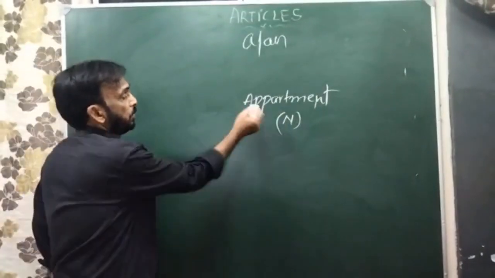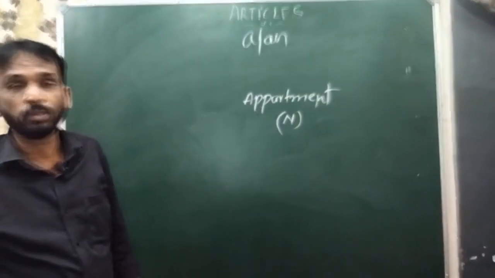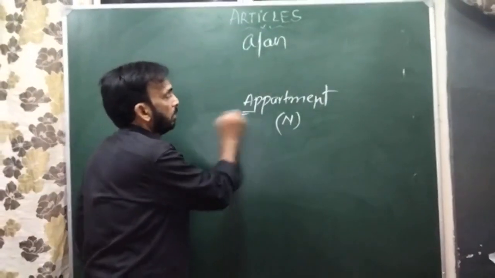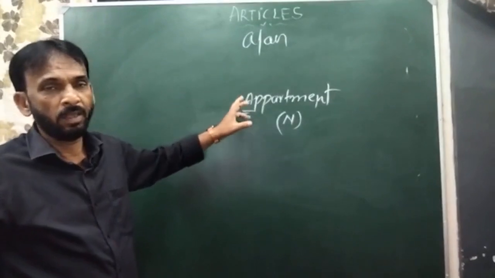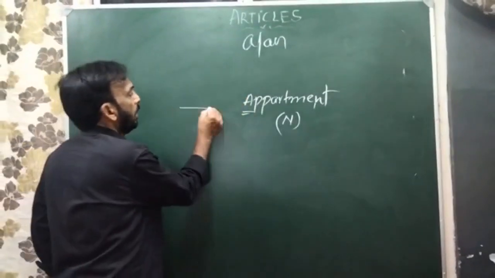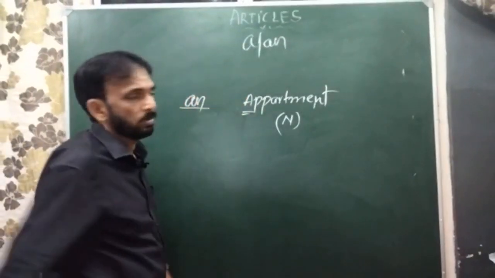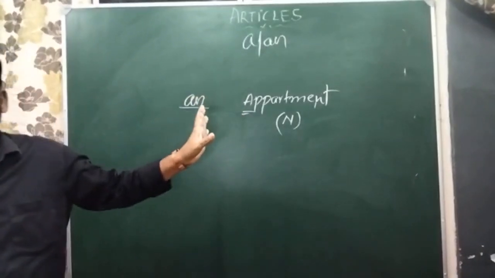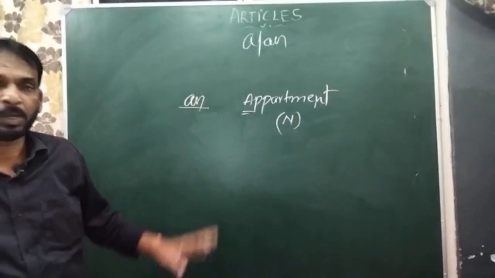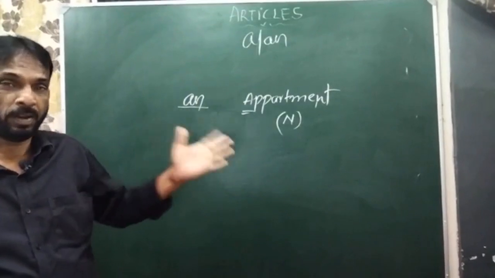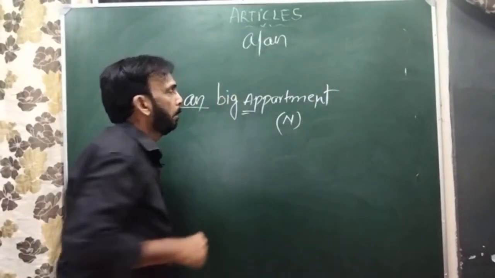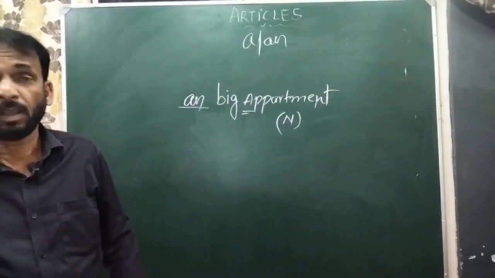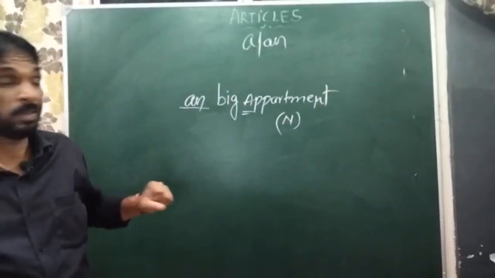For this, which article I have to use? The first letter of this is A. So we have to use an article. It is a correct one. But in case, if I write a big apartment, now what does this big stand for?